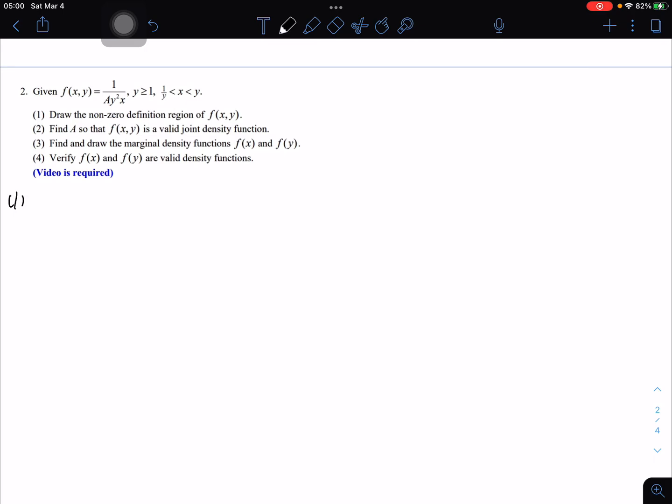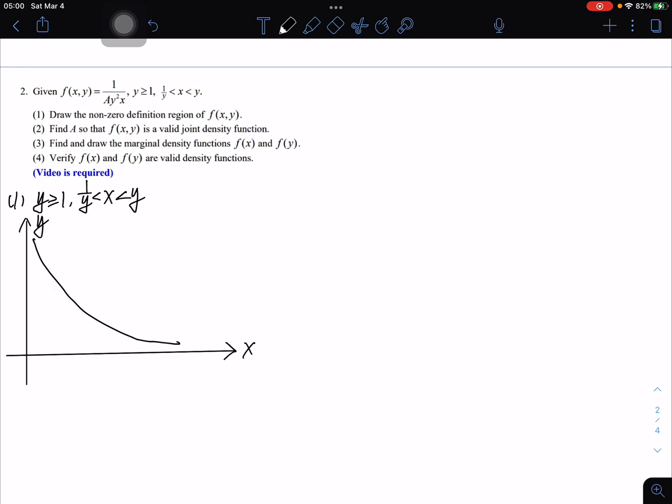Okay, since we know that y is larger than x, we can draw the plot of x and y.